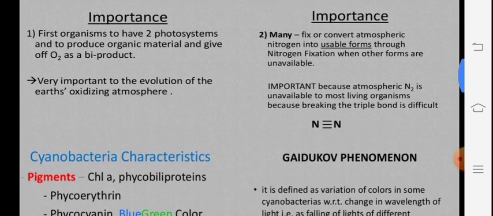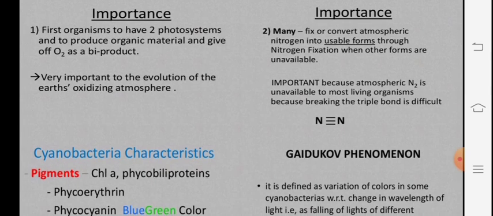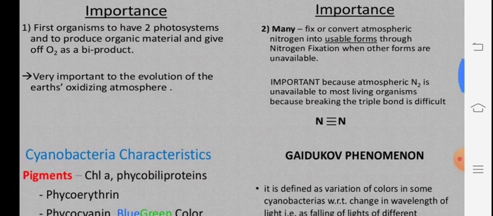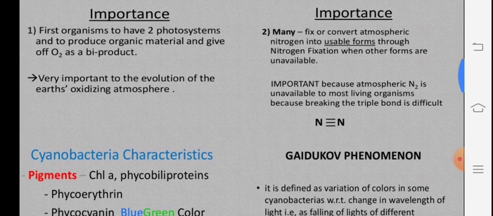About their importance, these organisms have two photosystems and produce organic material, which gives off oxygen as a byproduct. It was very important to evolution at the time of the Earth's oxidizing atmosphere.